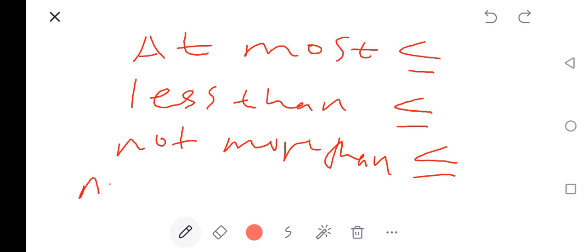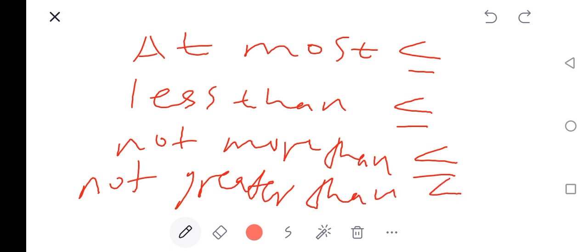Not greater than means less or equal to. So that is the second set of words. Don't worry, it will make a lot of sense when we do an example. So make sure you copy those words.